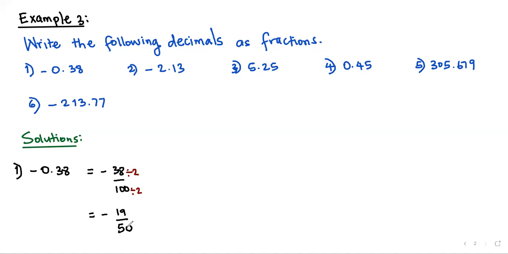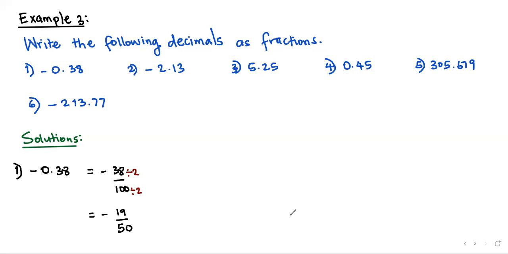So negative 38 out of 100 is equal to negative 19 out of 50. Here we say that 19 out of 50 is the simplest form of 38 out of 100. In other words, we have made it look smaller, but it has the same value.